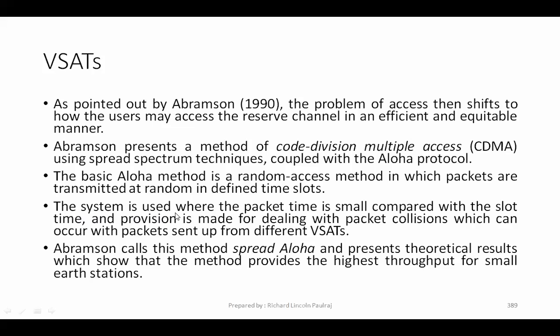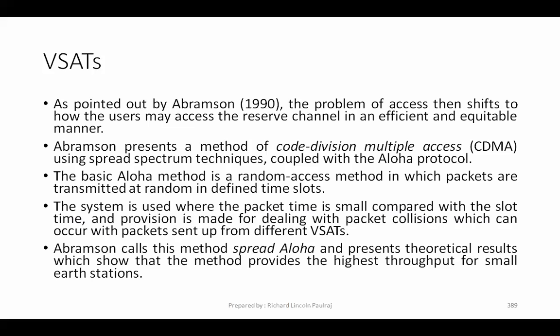The system is used where the packet time is small compared with the slot time, and provision is made for dealing with packet collisions. So if there is a collision of packets, then there can be a loss of data. So we should make sure that these packets are arriving at different time slots.